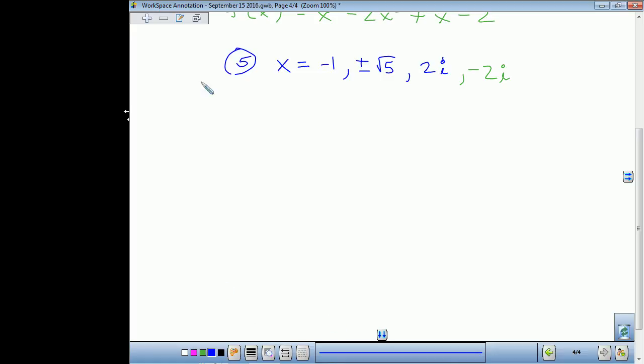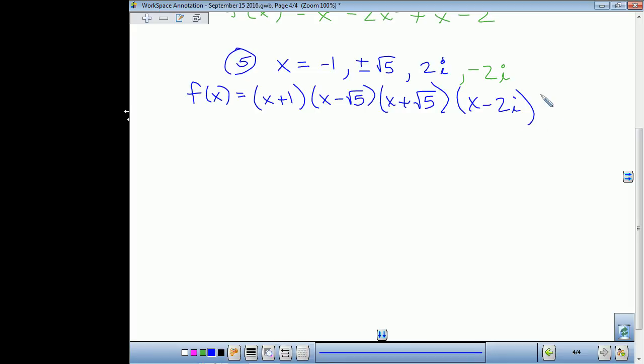So it's going to look a little ugly. x plus 1, x minus root 5, x plus root 5, x minus 2i, x plus 2i. But you can only do 2 at a time. So it's going to take a long time. Can you do both the conjugates? So I would do those 2 to start with. Or these 2. You could go either way.